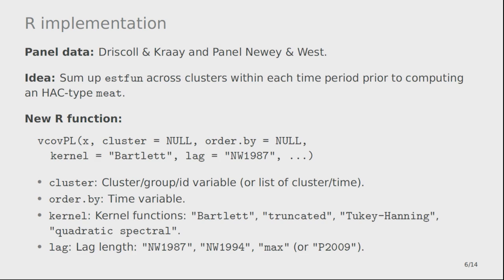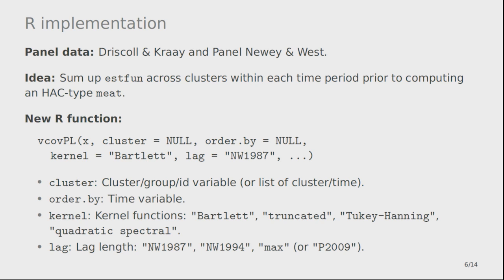For panel data, vcovPL is a new function that allows you to estimate Driscoll and Kraay and a panel version of Newey-West covariances. Here the idea also is to aggregate the empirical estimating functions within each time period and then compute an HAC correction.